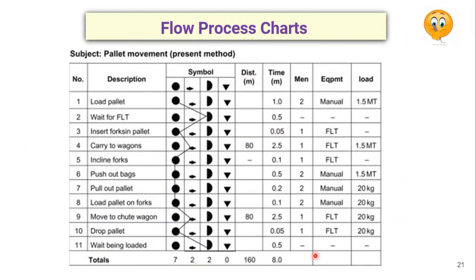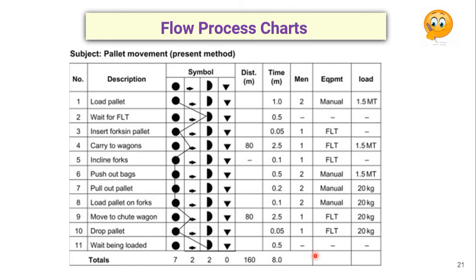So this is another flow process chart, of pallet movement. In this we have given more detail: distance traveled by the part, time taken for each operation, how many human resources are required, which equipment is needed for that operation, and how much load we have to face in this operation.